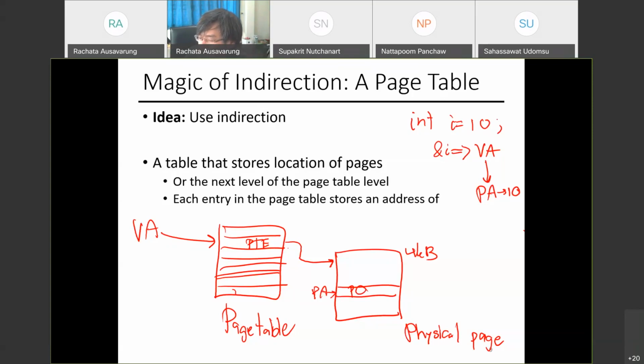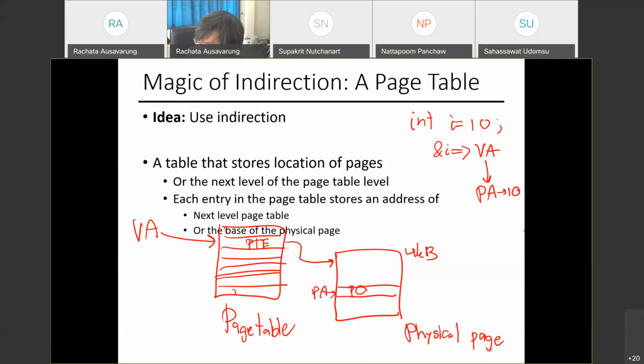You would need the virtual address to look up the correct entry that corresponds to the page that I want to look at, and then you can go to the address.